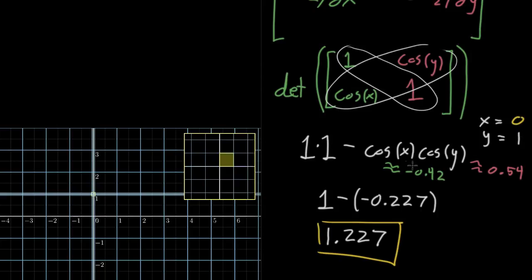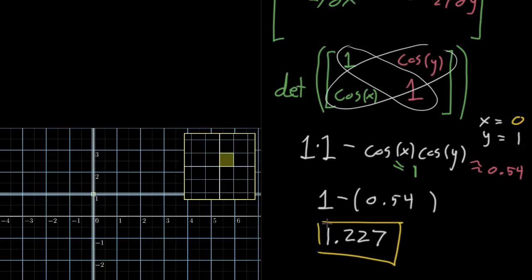And what that means is that cosine of x, instead of being -0.42, well, what's cosine of 0? That's actually precisely equal to 1. Right? We don't have to approximate on this one, which means when we multiply them, 1 times 0.54, well, that's going to now be about 0.54, right?